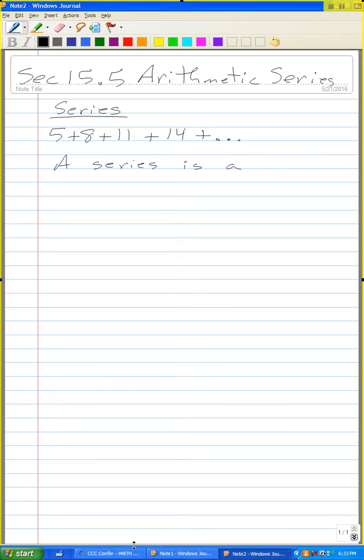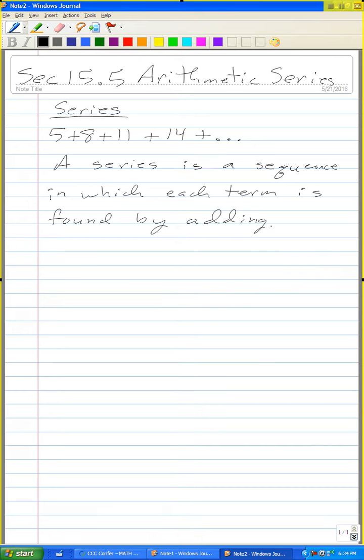It's just a particular type of sequence, in which each term is found by adding, or subtracting.